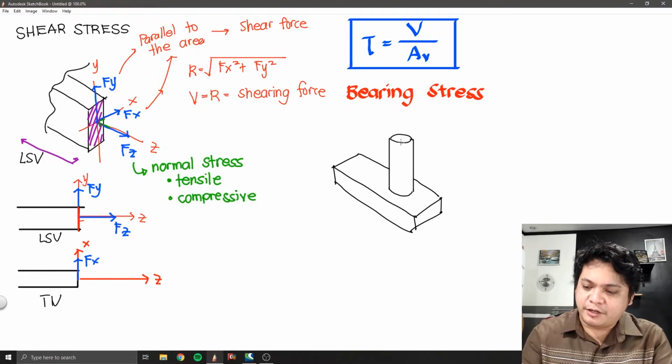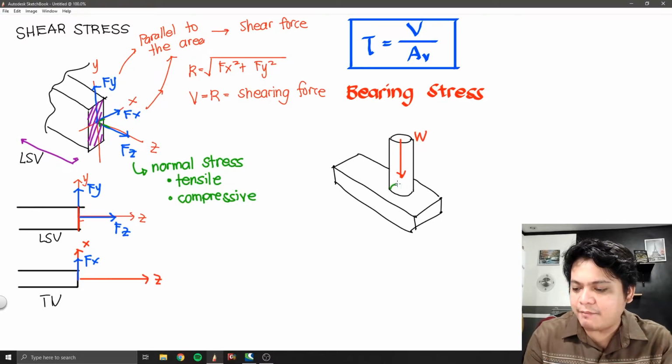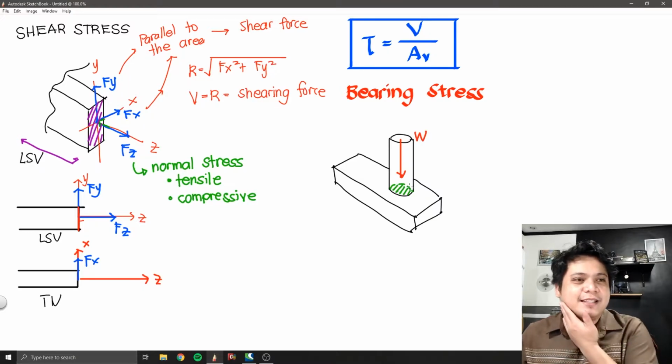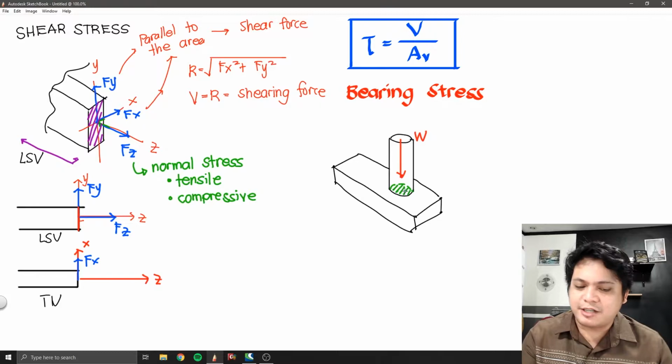So, yung weight mo na yon, that actually serves as your force. Okay, yung weight mo. And then, sa pinakababa, merong area of contact, ano? So, kung saan nagdikit yung dalawa. Okay? So, pinaka-bearing, that is also a perpendicular area. Okay? So, ang tawag natin doon sa pinaka-area na yon is area of bearing.